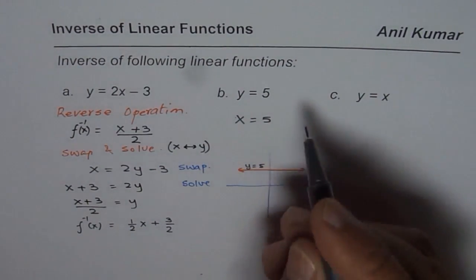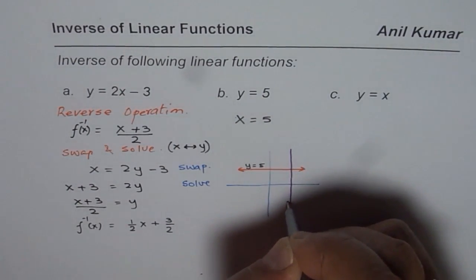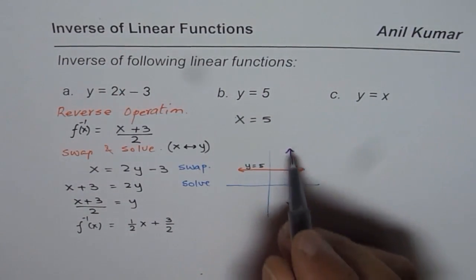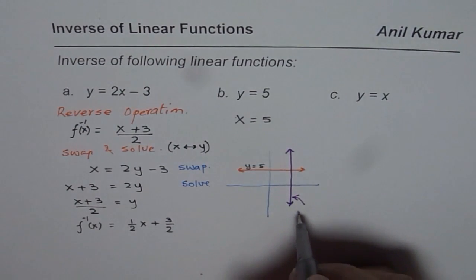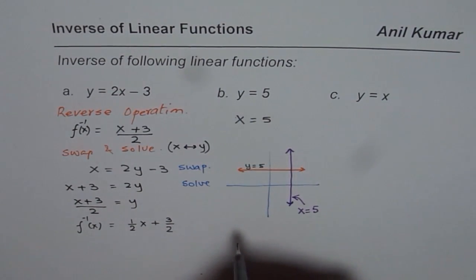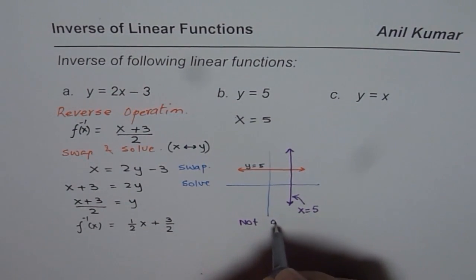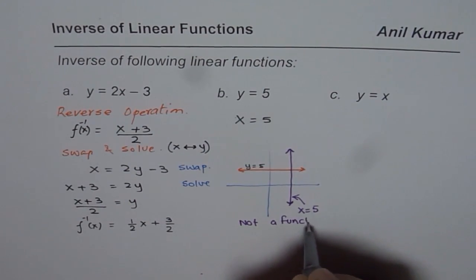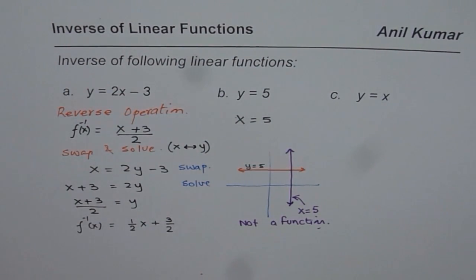So x equals 5 is a vertical line, which is kind of like this. As you can see, this is not a function, right? So when you do the inverse of a linear function, you may not get a function. X equals 5 is the equation of the inverse of y equals 5, right?